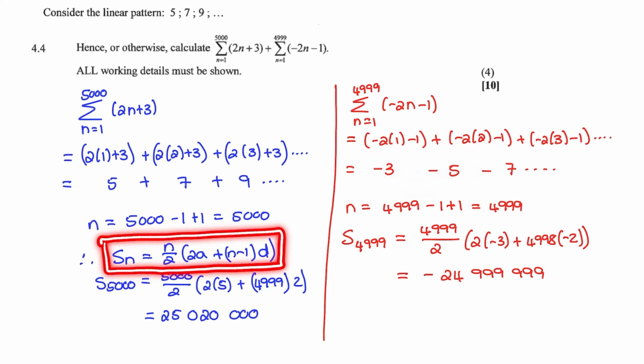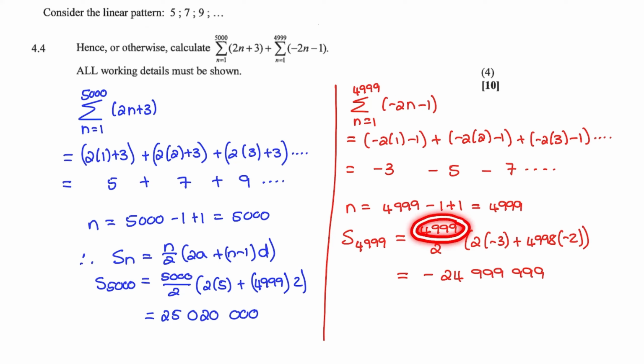So that means I can use the formula for the sum of an arithmetic series. And when I substitute n with 4,999, a with -3, and d with -2, and simplify on my calculator, I find that this sum is -24,999,999.